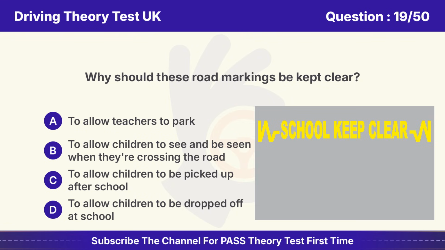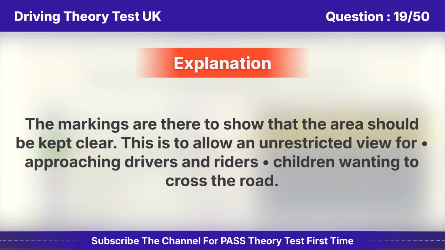Why should these road markings be kept clear? Answer is B. To allow children to see and be seen when they're crossing the road. The markings are there to show that the area should be kept clear. This is to allow an unrestricted view for approaching drivers and riders or children wanting to cross the road.